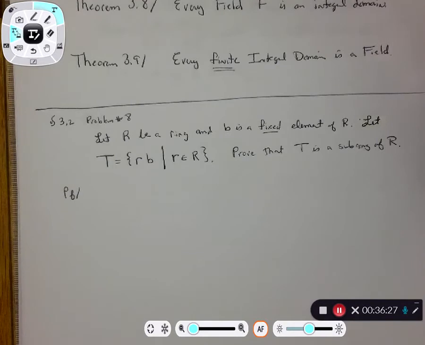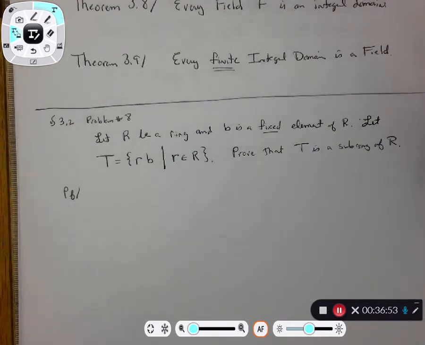Once you've got an established ring, don't look outside, look inside. You'll be amazed how many subrings, which are rings of their own accord, are inside of a ring. And remember, Theorem 3.6 is how we're going to prove it.